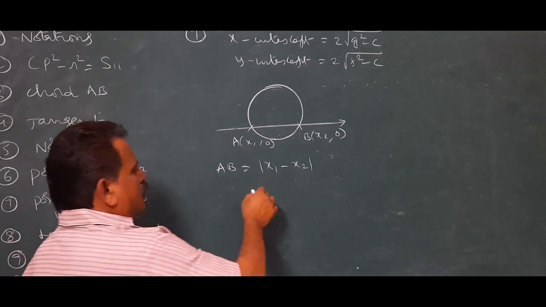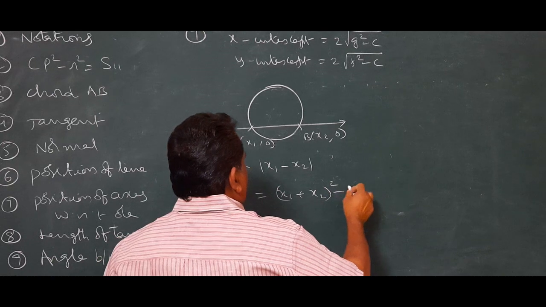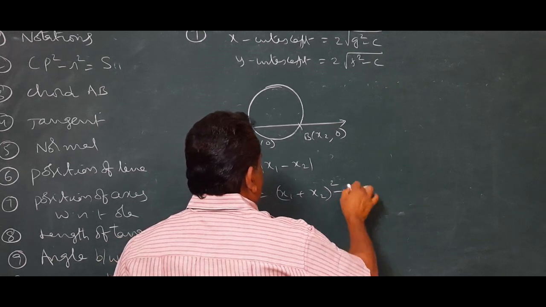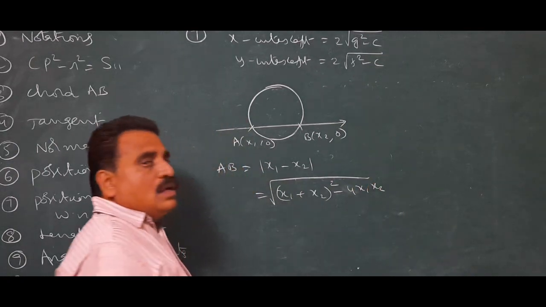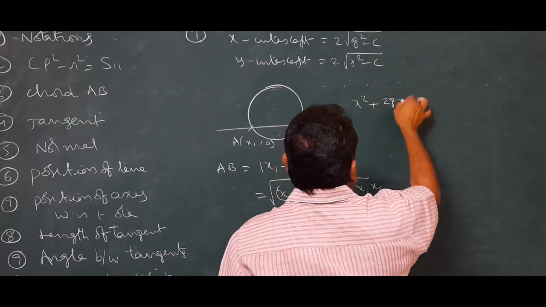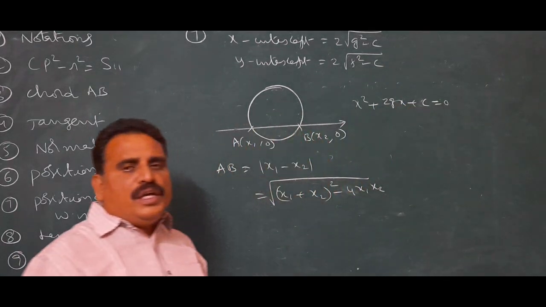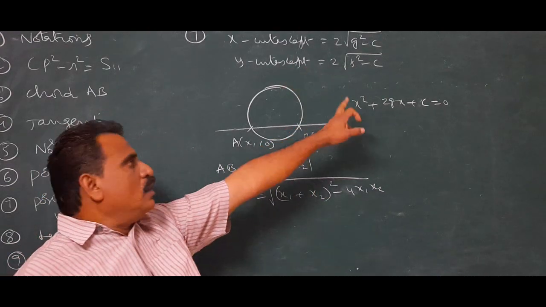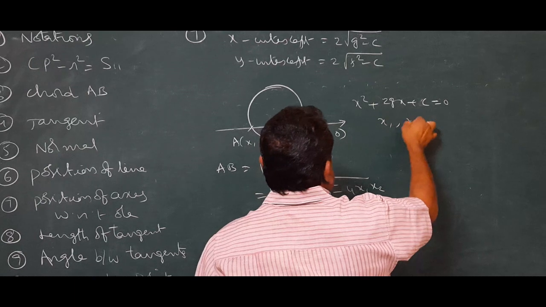That can be written as root of x1 plus x2 whole square minus 4x1x2. Here x1, x2 are the roots of the equation x square plus 2gx plus c equal to 0. This equation is obtained by substituting y equal to 0 in the circle.